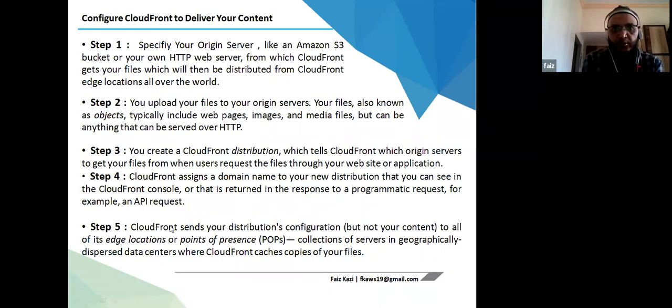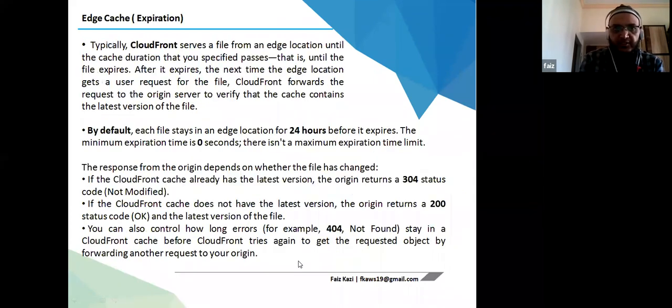CloudFront sends your distribution configuration, but not your content, to all the edge locations or points of presence, POPs, that we discussed earlier: a collection of servers in geographically dispersed data centers where CloudFront caches copies of your files.